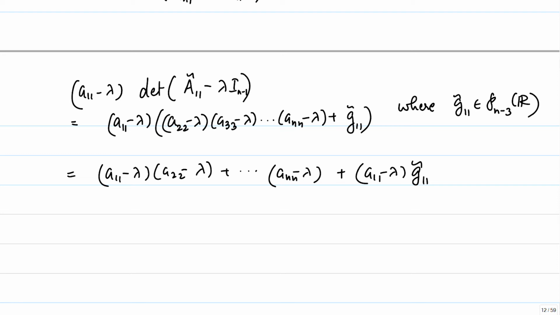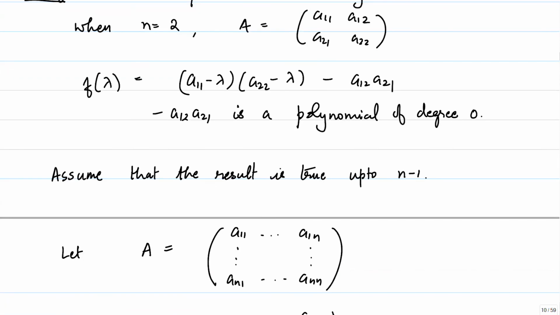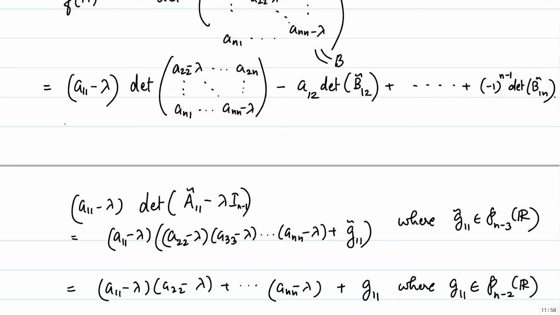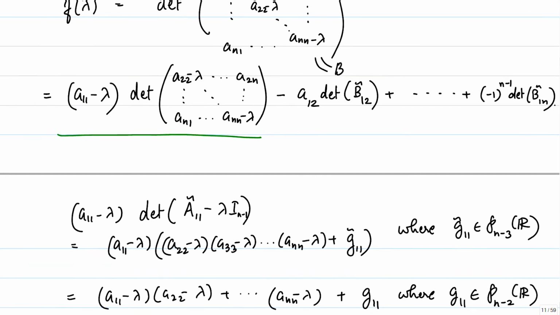If you multiply it by a degree 1 polynomial, this will just turn out to be equal to, let me just write it as G11, where G11 is A11 minus lambda into G11 tilde, which is now in Pn minus 2 of R. So the first expression here, which I am underlining now in green, is going to look like this.